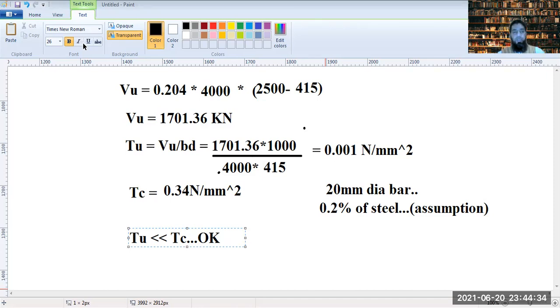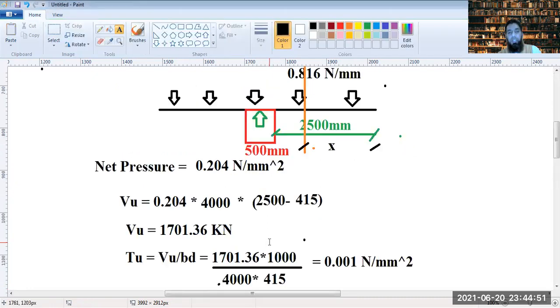So yes, we could also do the same thing for the other direction. That's the shorter direction. But one would naturally get that to be on the lower side. Why?